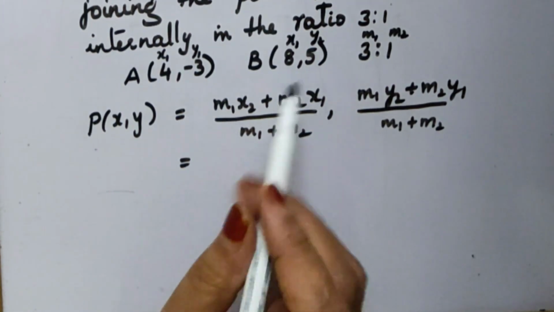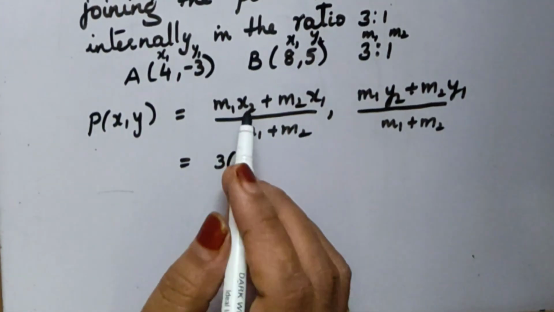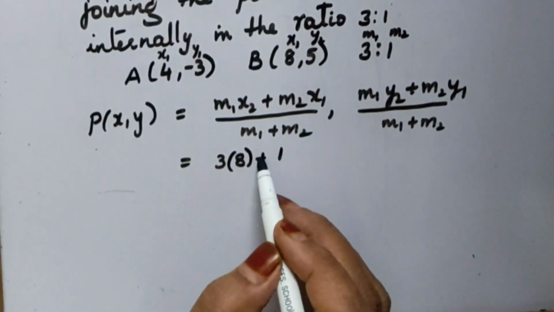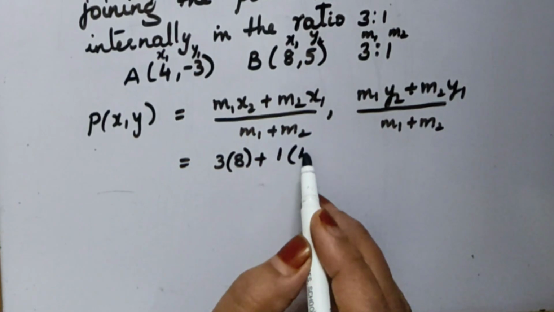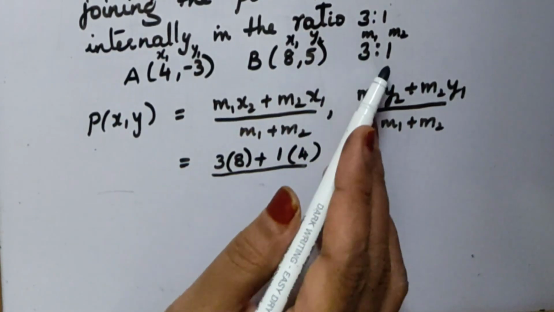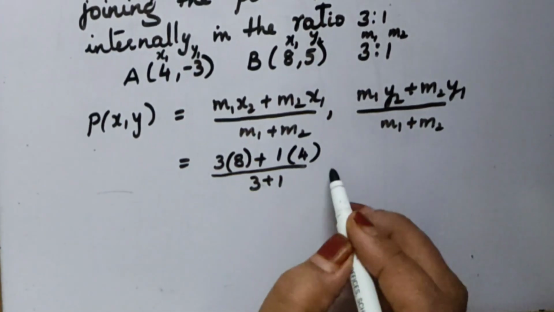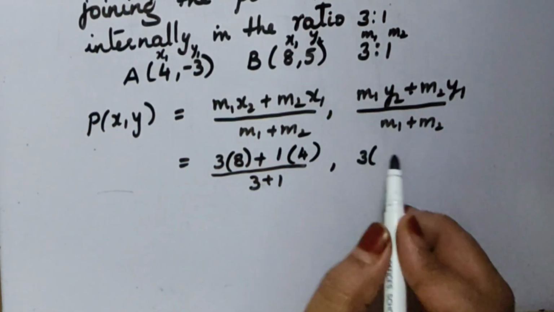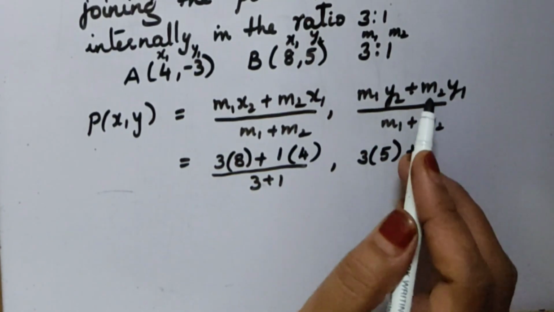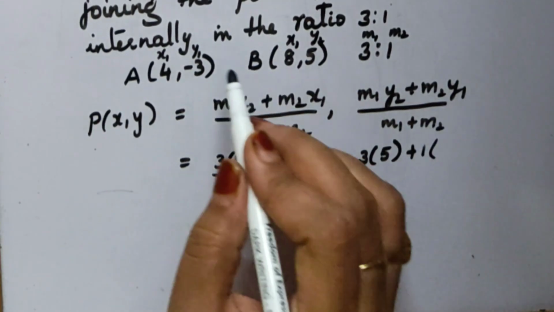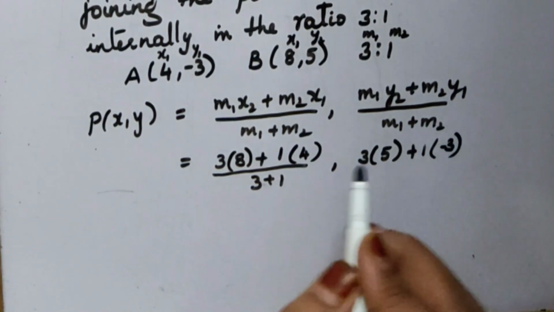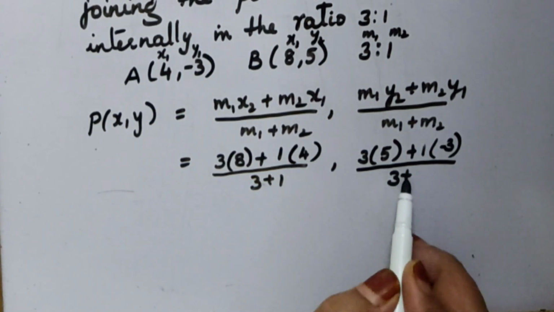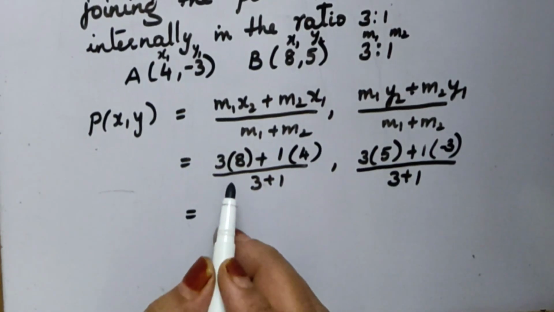This is equal to m1 value is 3, x2 value is 8, plus m2 value is 1, x1 value is 4, upon m1 plus m2, 3 plus 1, comma m1 value is 3, y2 value is 5, plus m2 value is 1 and y1 value is minus 3, whole divided by m1 plus m2, that is 3 plus 1, equals to.